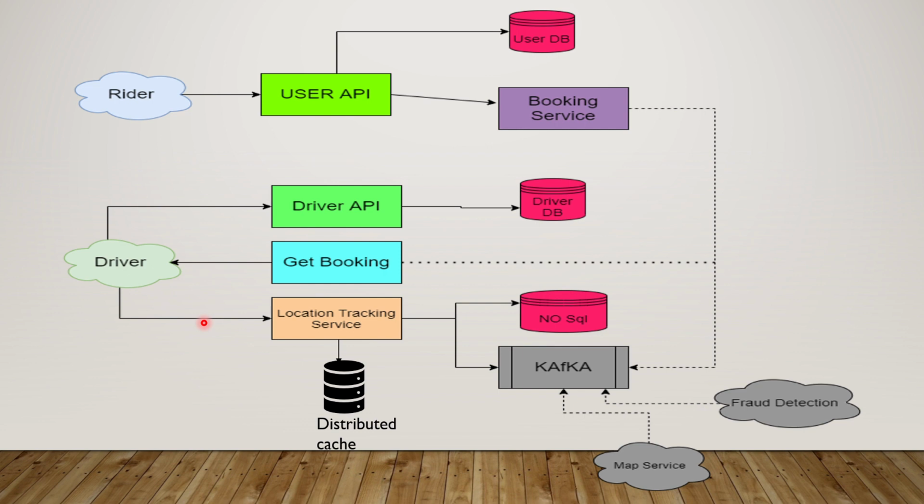It can be like every 5 seconds, because you want to keep tracking where the driver is very actively. So think of a scenario where your rollout is across continents and you have thousands or lakhs, like 100,000 drivers sending requests every 5 seconds.